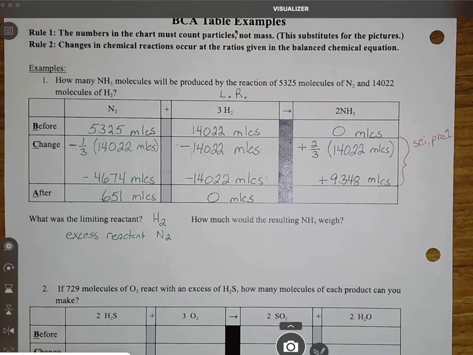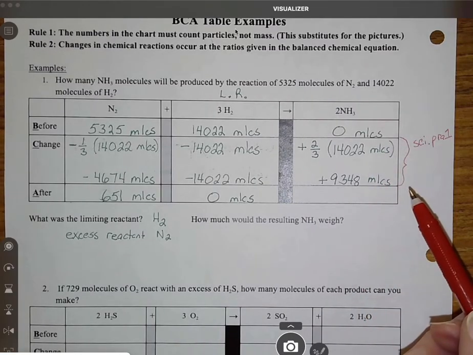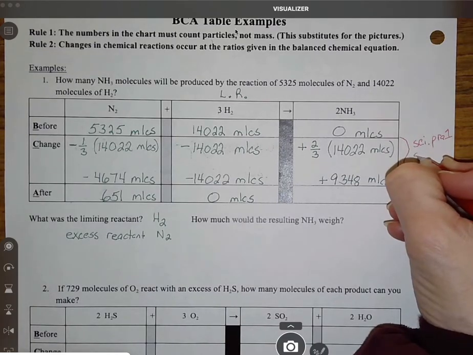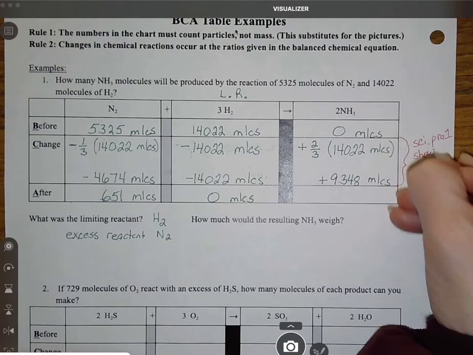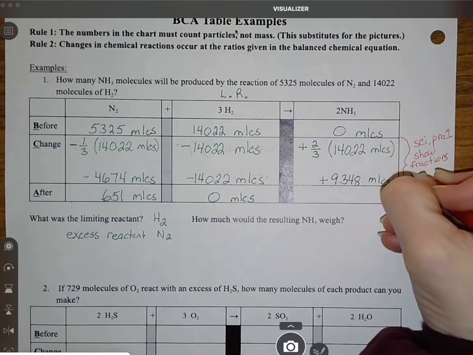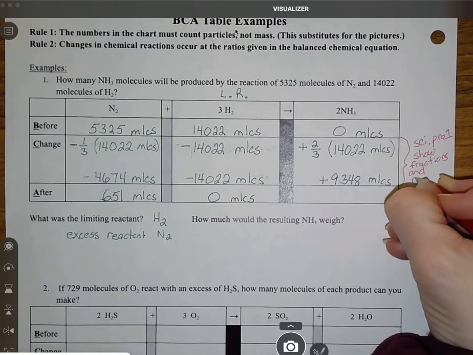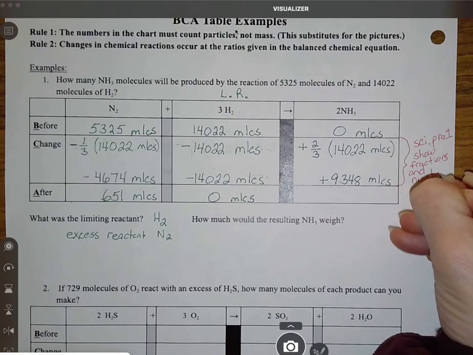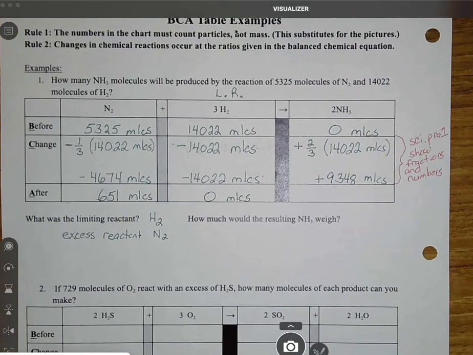You are going to get a color for science practice 1 based upon what's going on in your change row. I want you to show your fractions and your numbers. I want to be able to see what you're thinking in that change row. So your change row needs to be a double tall row with fractions in one and then the numbers down below.